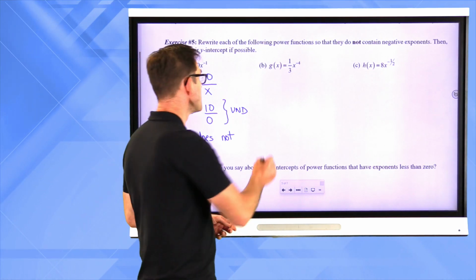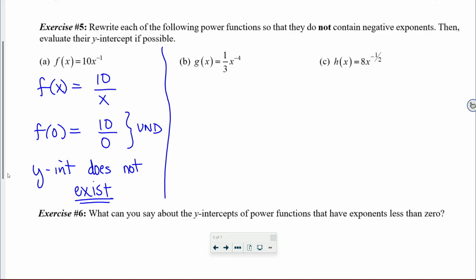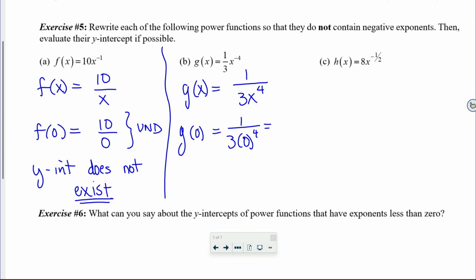Same song, second verse. I have g of x equals 1/3 times x to the negative 4th. I can rewrite that as 1 over 3x to the 4th. So if I want g of 0, that's going to be 1 over 3 times 0 to the 4th, which is 1 over 3 times 0, which is 1 over 0.